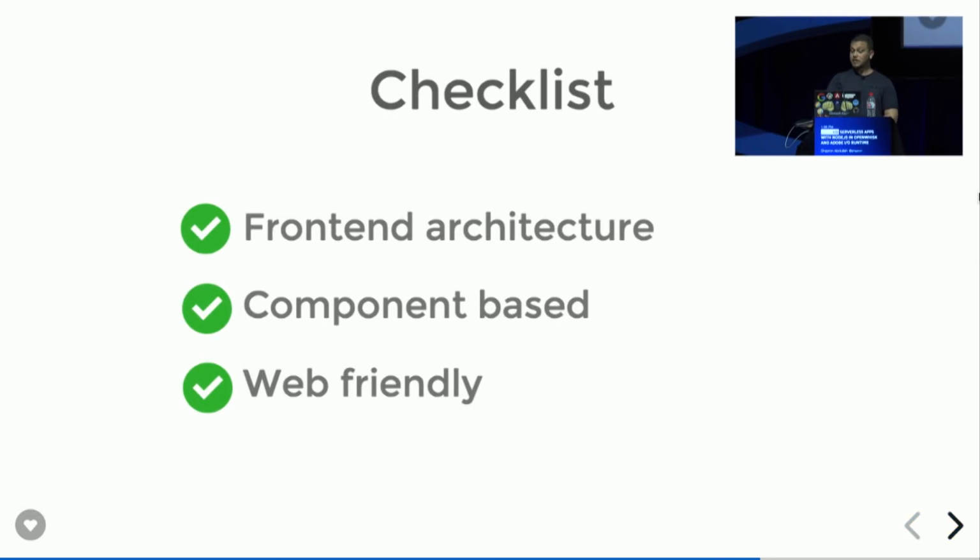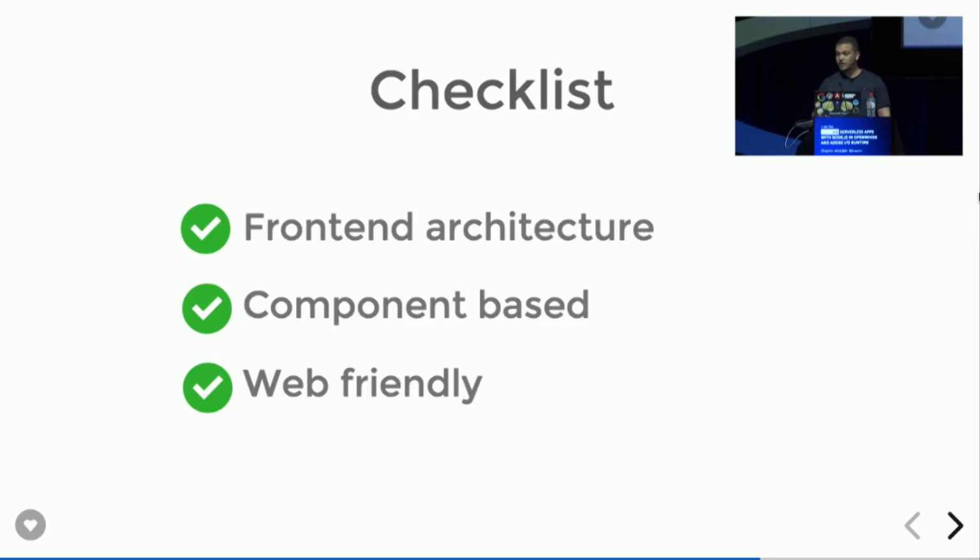So we have a checklist. Front-end architecture right now is great. We evolved the application, and we are happy with this. It's component-based. As we saw, a lot of applications in the market are using a component-based architecture.